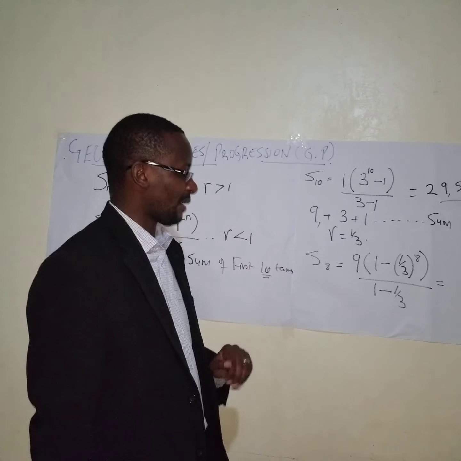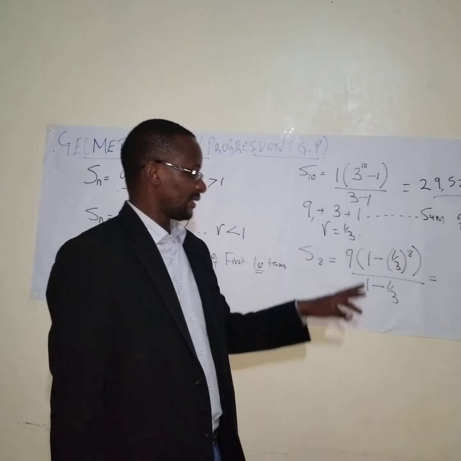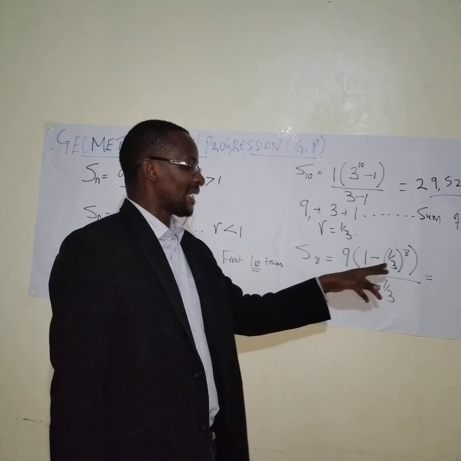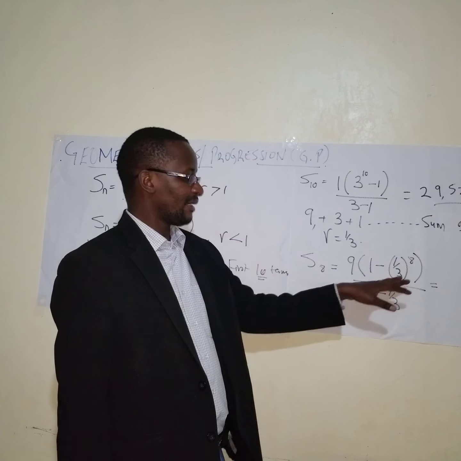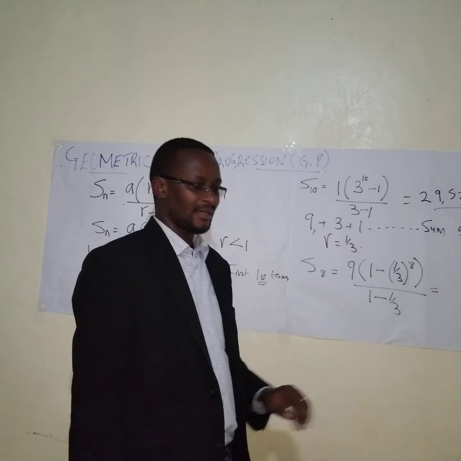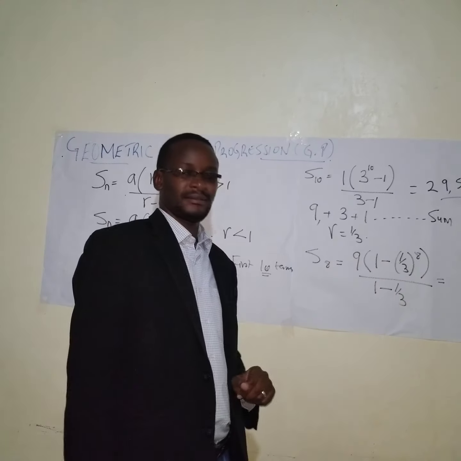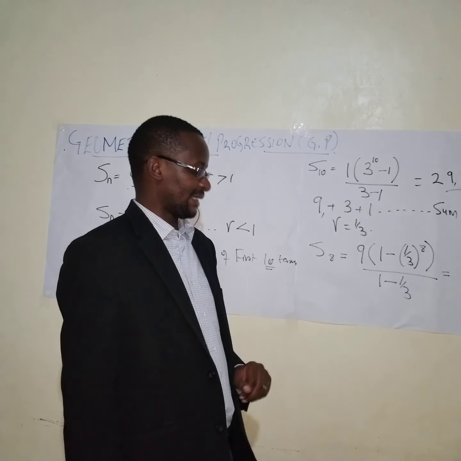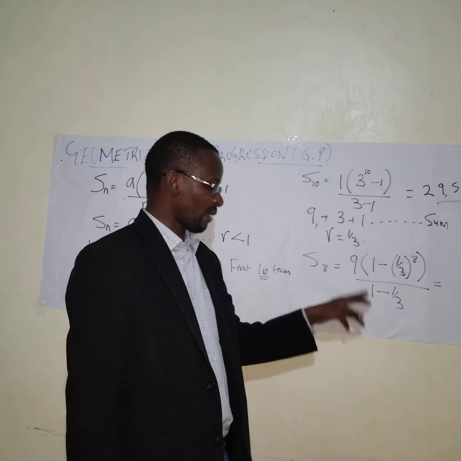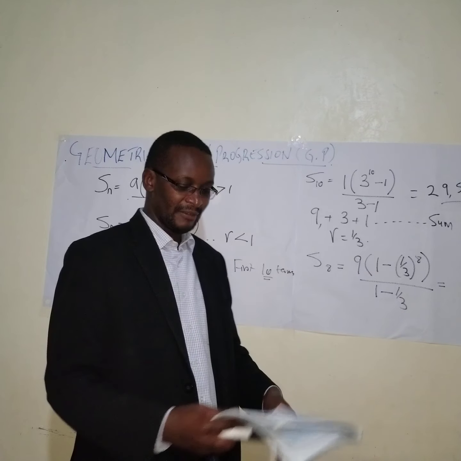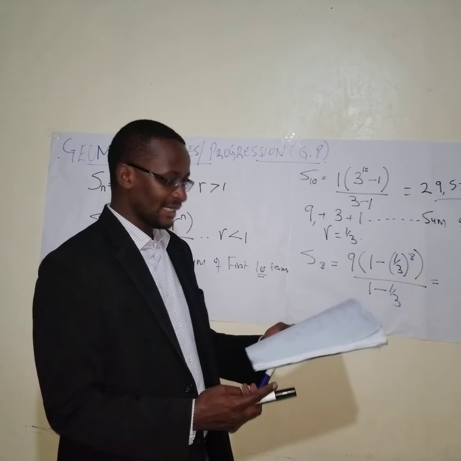Don't press the AC or the on button. Then do 1 minus the answer. Then put equals again. Times 9. The answer you get, divide by 2/3, because 1 minus a third is 2/3. Divide by 2/3 and you will get an answer.